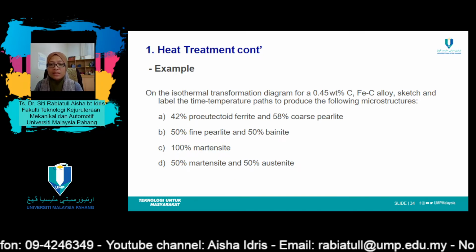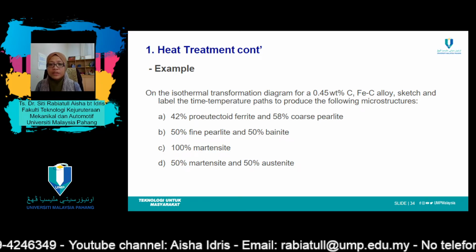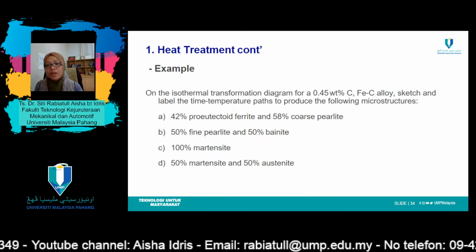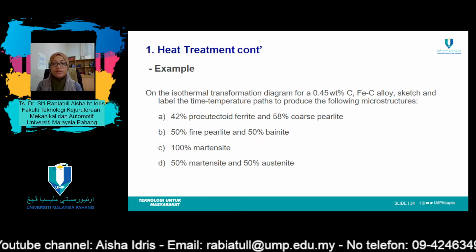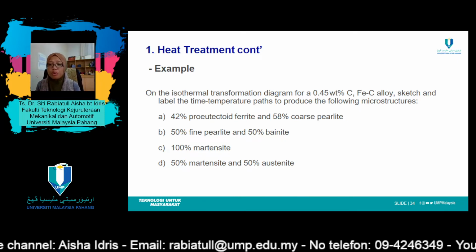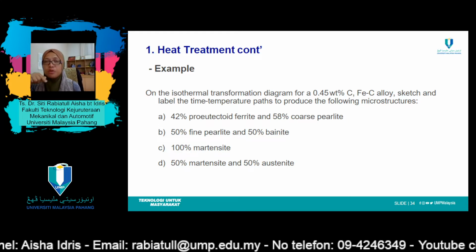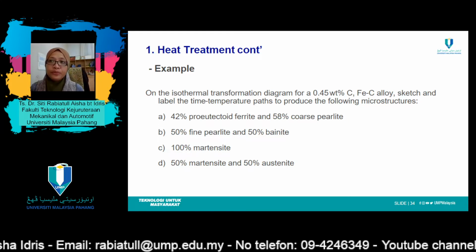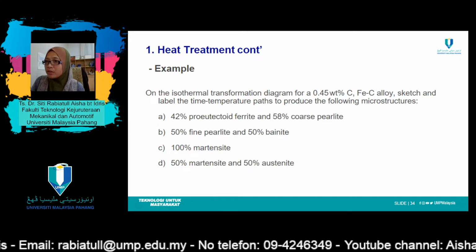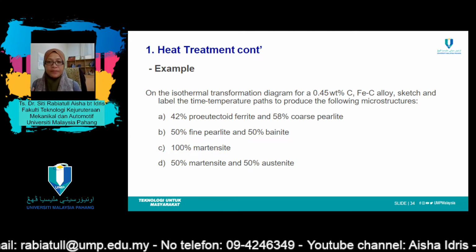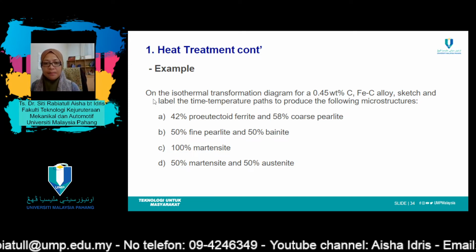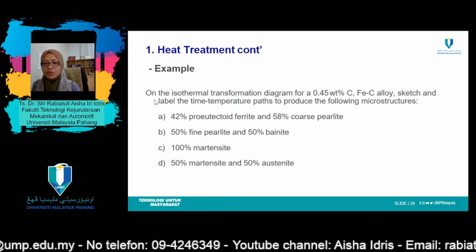Okay, so now let's look at an example on how to determine all those phases, or how to sketch and draw a line so that we can produce the required structure. Let's read it together.